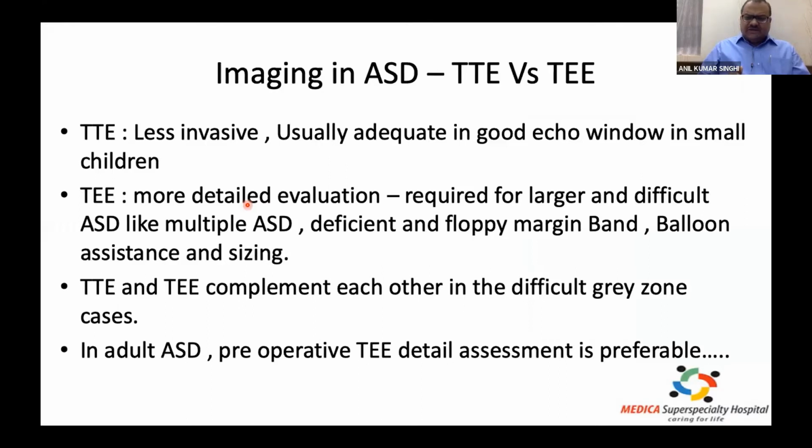It is required for large and difficult ASD, like multiple ASD, deficient and floppy margin, ASD with band, balloon occlusion and assistance. TEE and transthoracic both basically complement each other in the difficult gray zone type cases. And in adults, we mandatorily do a preoperative transesophageal echo to have a preferable outcome.